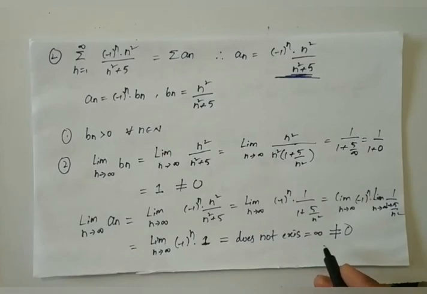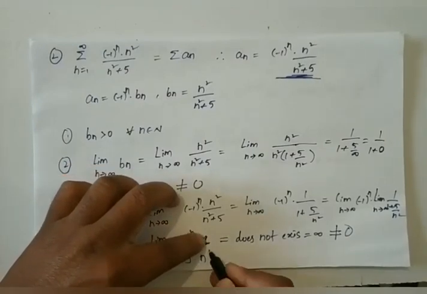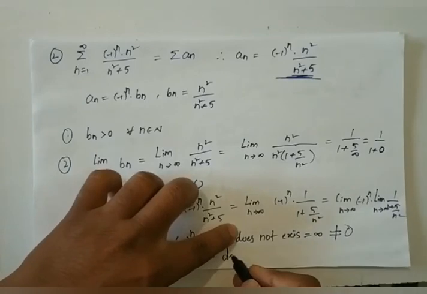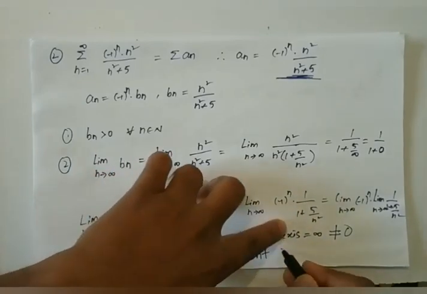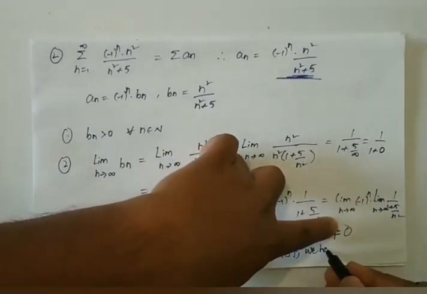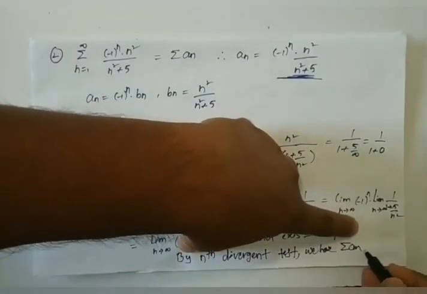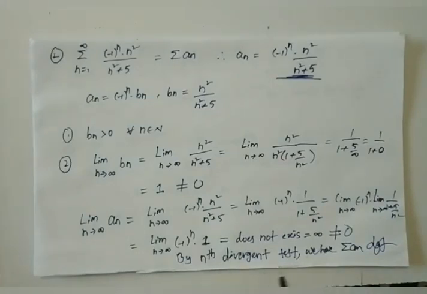So by the nth term divergent test, we have summation an is divergent. By the nth term divergent test, we can say that the given series is divergent, that's all.